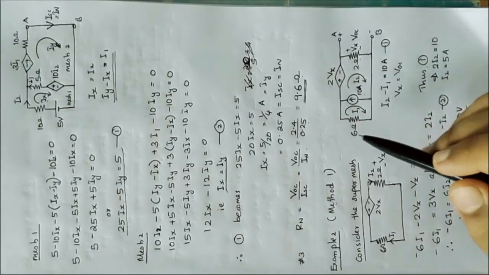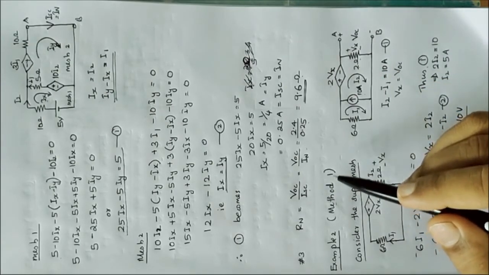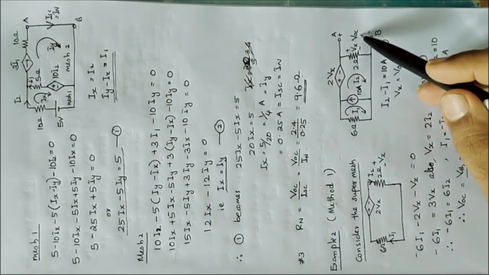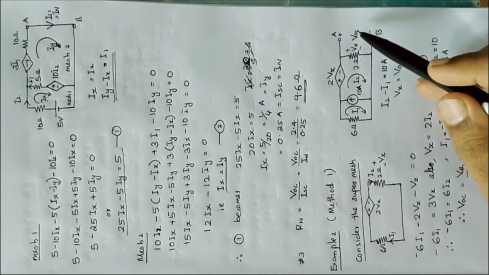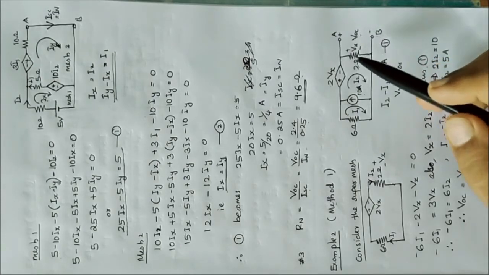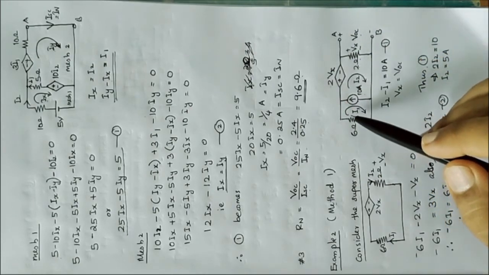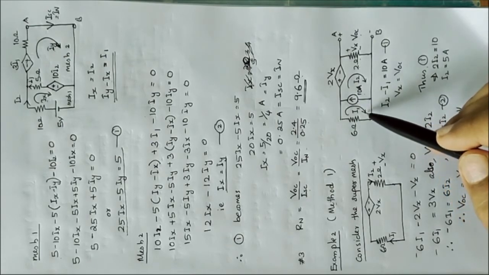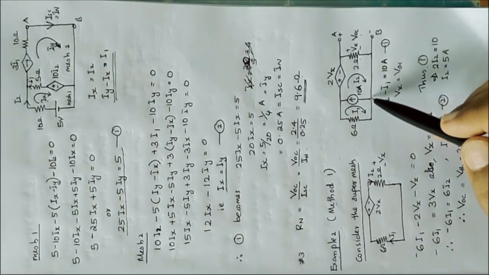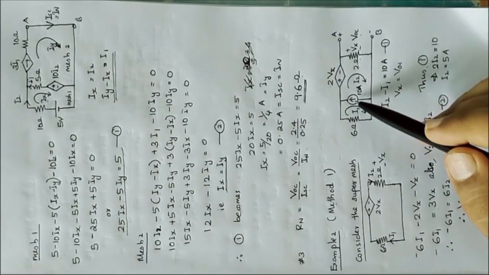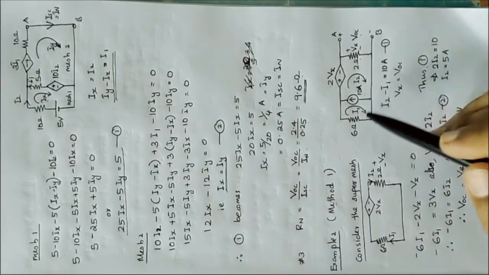So in order to find the Norton equivalent resistance by means of method 1, first of all we need to find the open circuit voltage VOC. Then we need to short this terminal and find IN, that is ISC. Considering this circuit alone, let's take this loop current as I1 and this loop current as I2. Since one dependent source is available here, for further simplification we can use a super mesh.